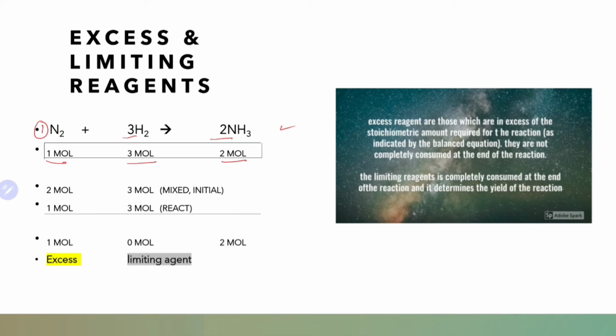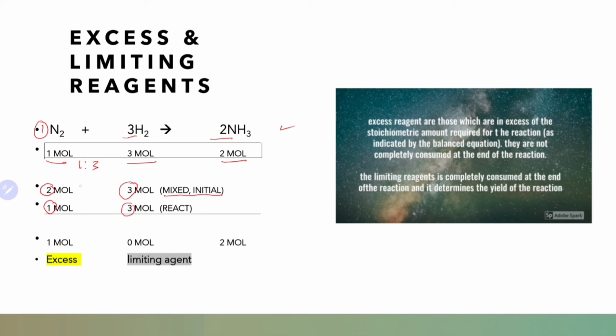What if we mix 2 mole and 3 mole? This is the initial, but the ratio is 1 to 3. So every 3 mole of H2 will react only with 1 mole of N2.